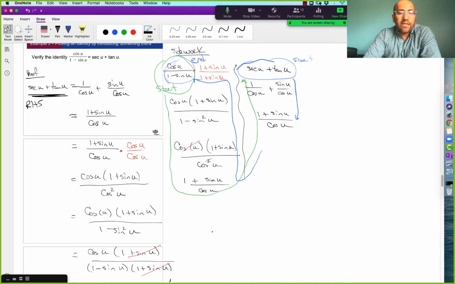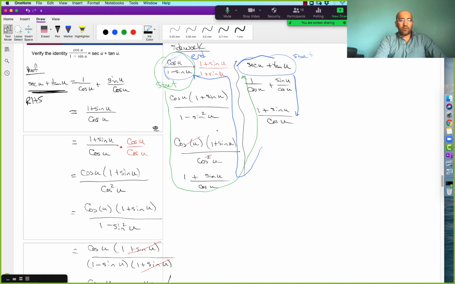But I was just pointing out that sometimes both sides of the equal sign will be so hard that you'll want to work on both of them concurrently until you get to a point where they both equal each other, and then you can use that as a guide for creating your formal proof. Any questions? No?